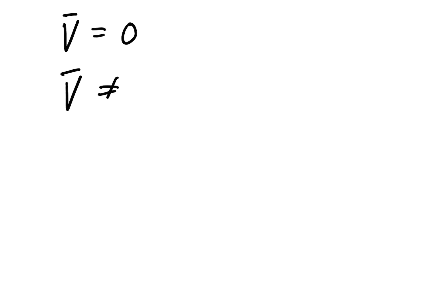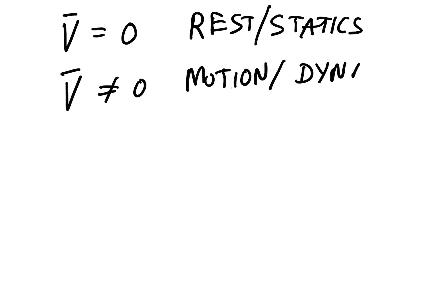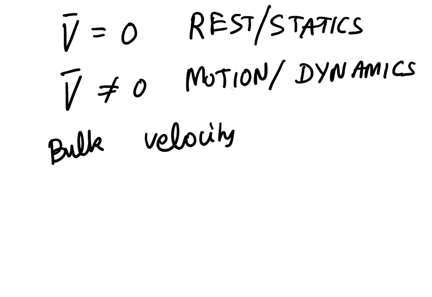When I say the fluid is flowing, it's V not equal to 0. This is about motion or dynamics, and we are talking about the bulk velocity of the flow.